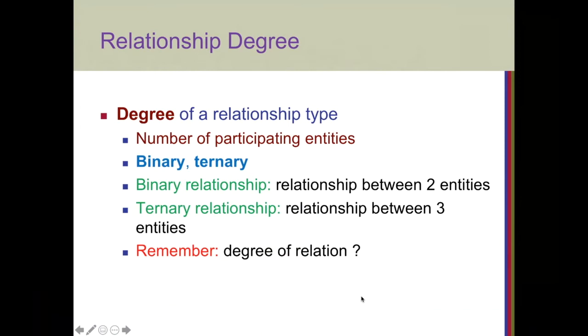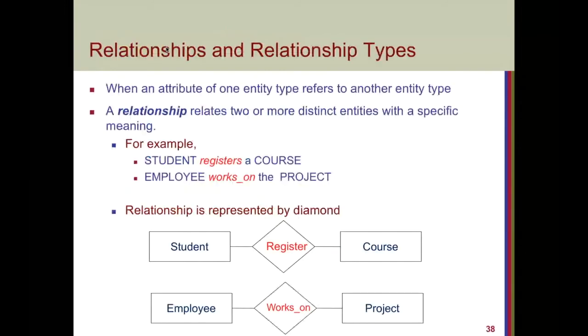Next is the degree of relationship. Guys, let me explain this concept to you once and for all. Degree means you count the number. Wherever it comes, degree means you count the number. So the degree of a relationship means you count the number of entities in the relationship. How many entities are here in this relationship?